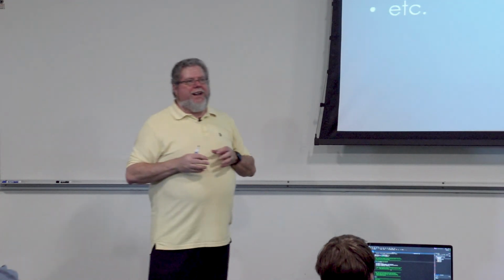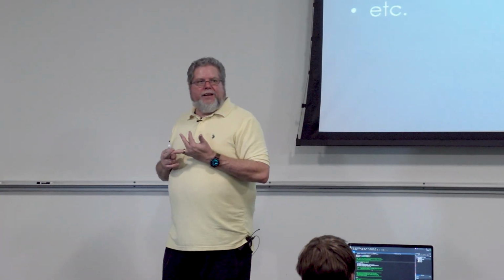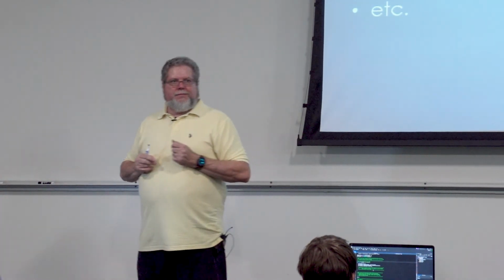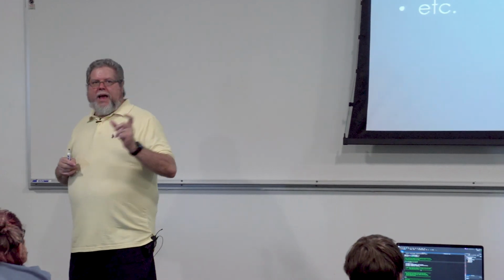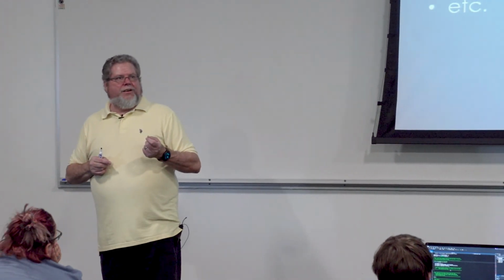The more complicated it is, the more resources it uses, the longer it takes to get the job done. So I make a black box that makes your life easier, but it's going to run slower, sometimes a lot slower. It's not going to be as efficient as if I had coded it myself.